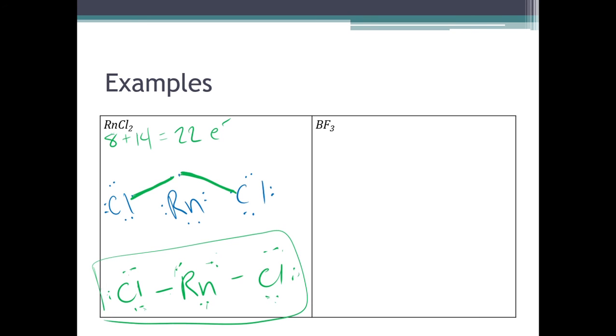Okay, last one. We have BF3. We're going to put our boron in the middle, least electronegative, and the only one of its kind. And then we will give it its 1, 2, 3 valence electrons and surround it with our 3 fluorines, each with their 7 valence electrons.